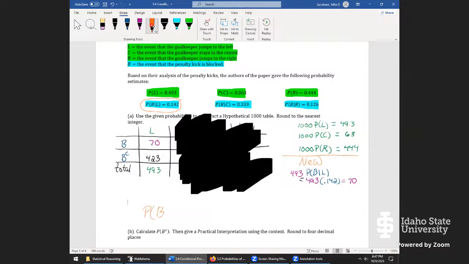It's kind of like a check in the middle, just to see, is our logic even sensible here? Probability of B given L goes like this. You count the total number of ways L could occur, 493 in this table. Count the total number of blocks, that's 70.